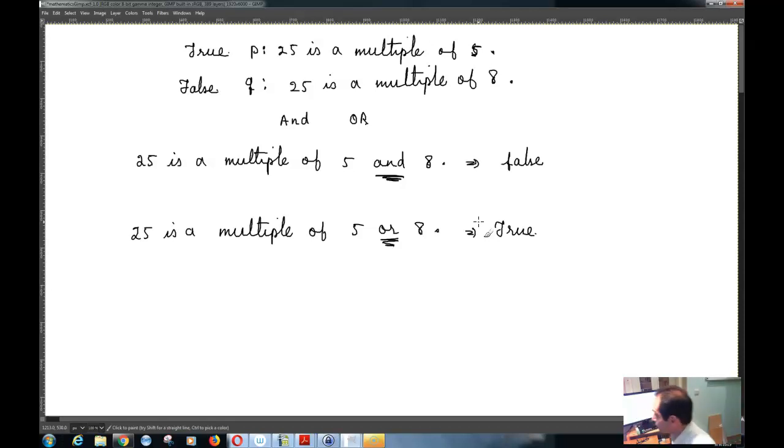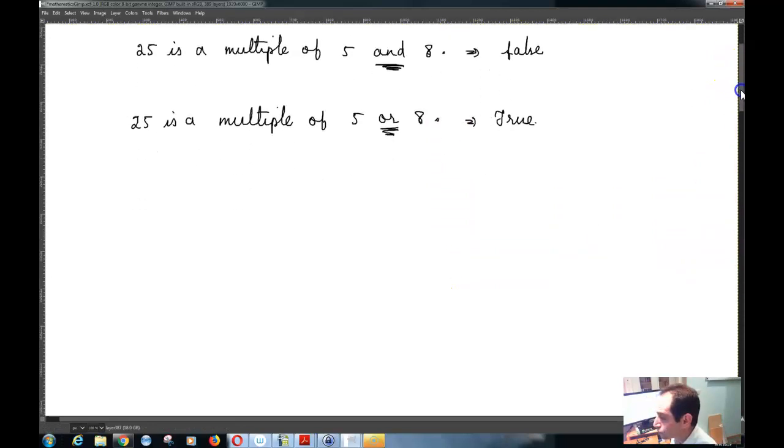Now, question number 6 is: check the validity of the statements given below by the method given against it.